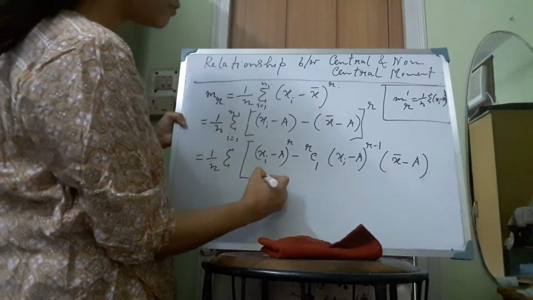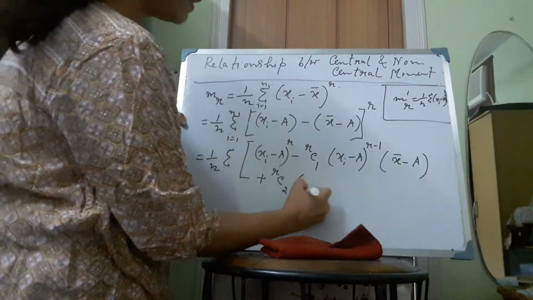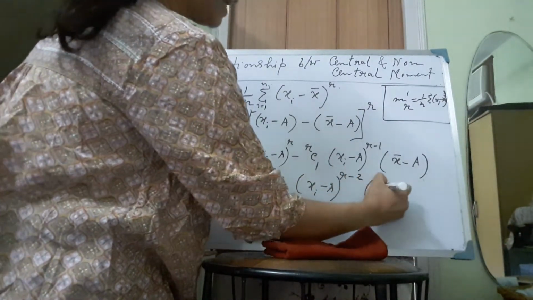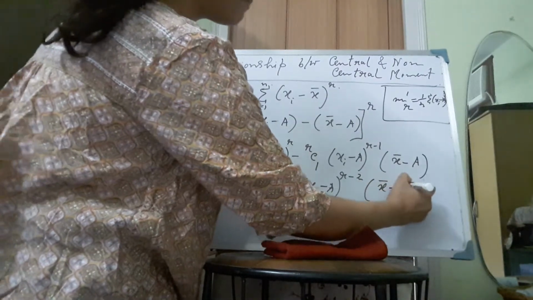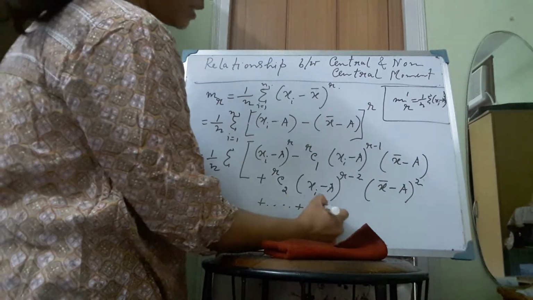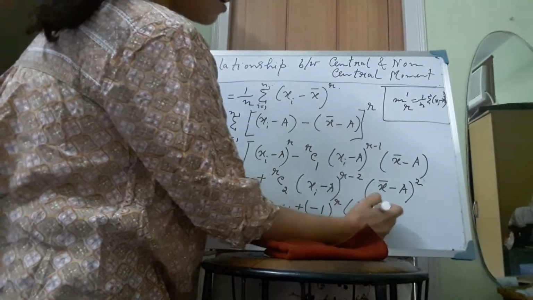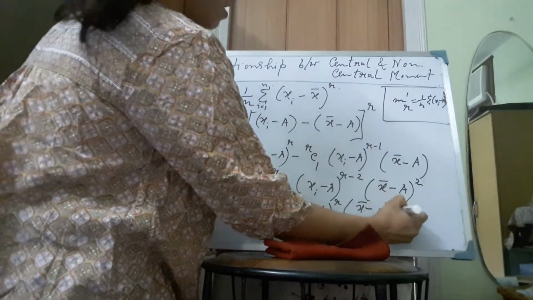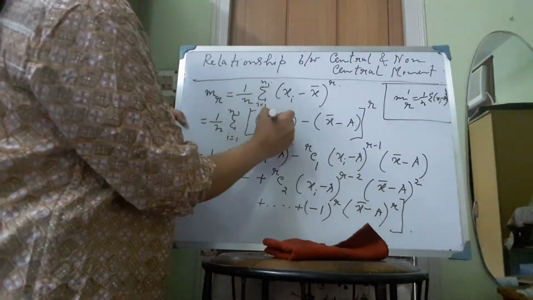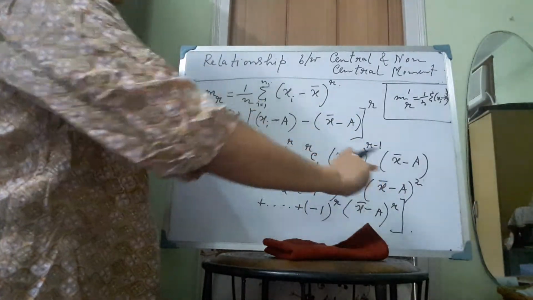Then the third term that we will get is plus rc2 xi minus a whole to the power r minus 2 times x bar minus a whole square, and the last term is minus 1 whole to the power r x bar minus a whole to the power r. So here we are simply applying the formula of series expansion. So we are expanding this series and then we are getting this.